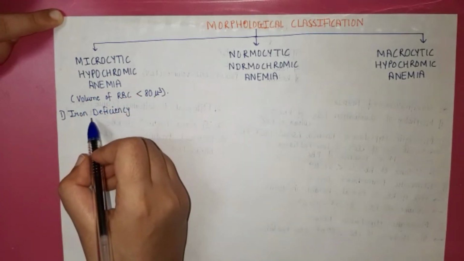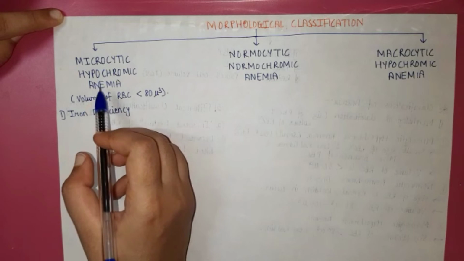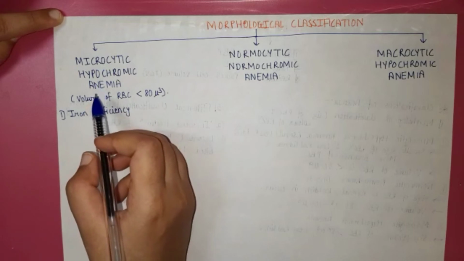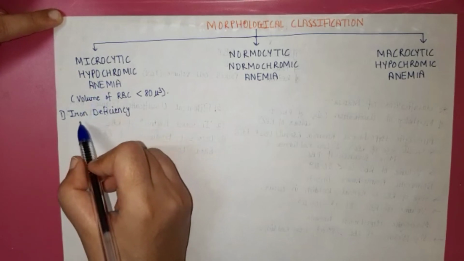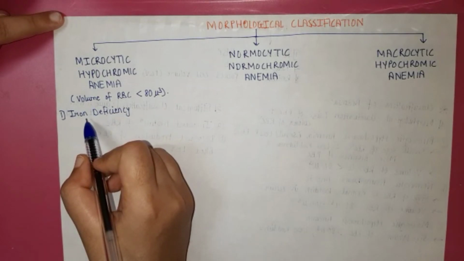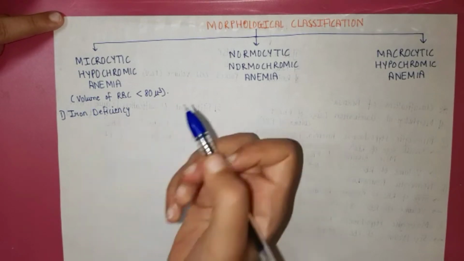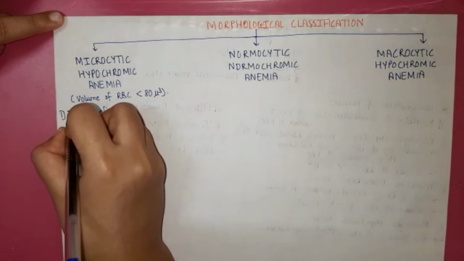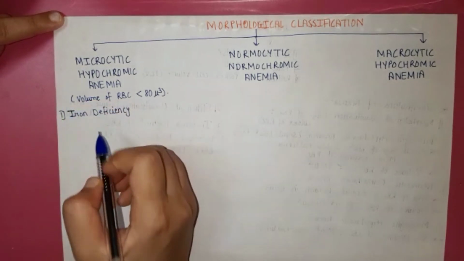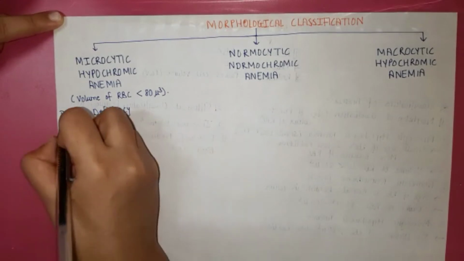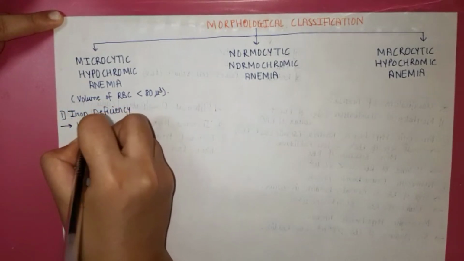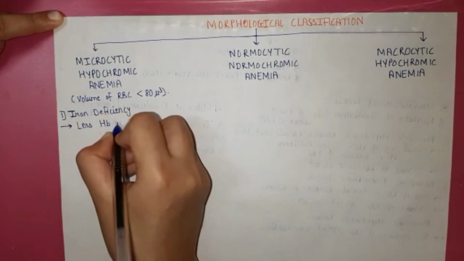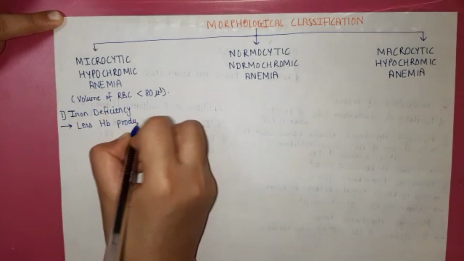Now why is iron deficiency a cause of less size or less volume and less redness of the RBCs? As we saw in the definition of anemia, anemia was caused due to reduction of hemoglobin. So hemoglobin also contains iron molecules. So if iron is deficient, then it causes less hemoglobin production.